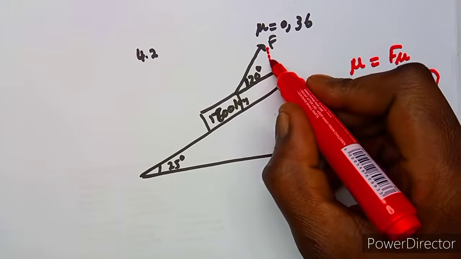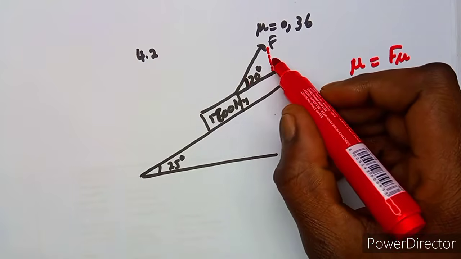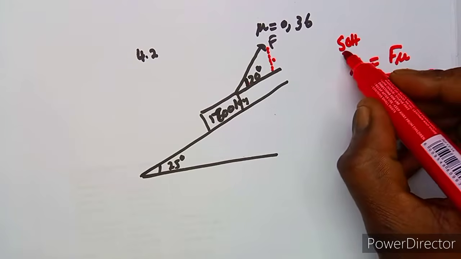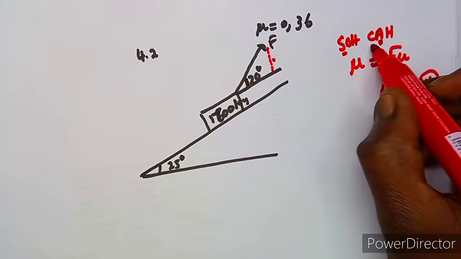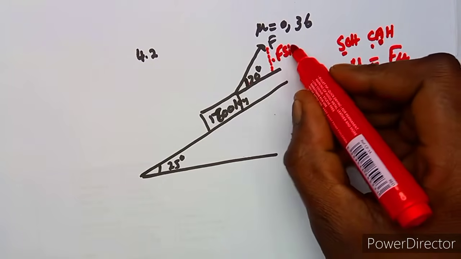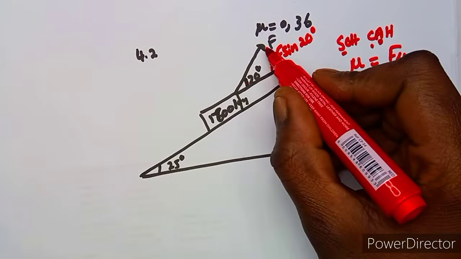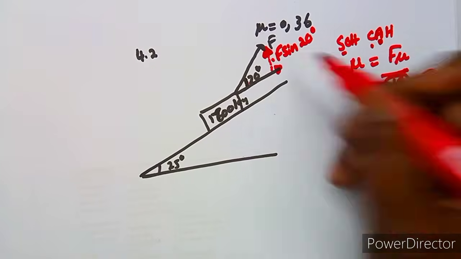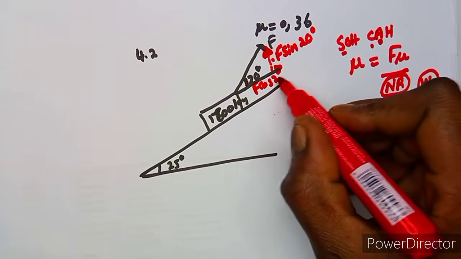We have components according to this 20 degrees. This is opposite, and anything that uses opposite uses sine, and anything that uses adjacent uses cos. So this is F sin 20 degrees, going upwards, and this is going in this direction, so it is F cos 20 degrees.